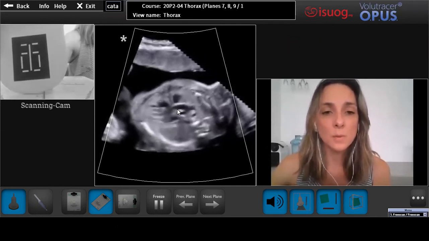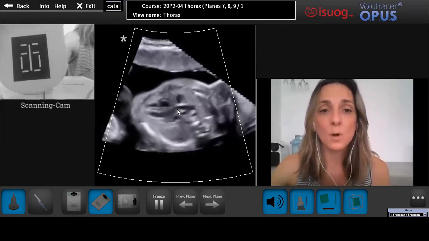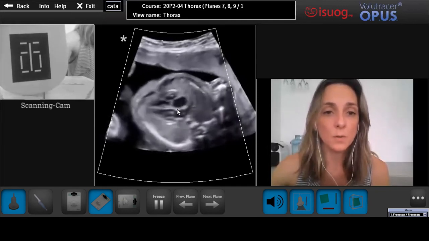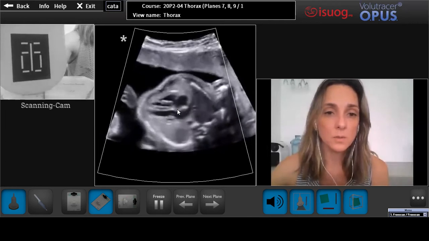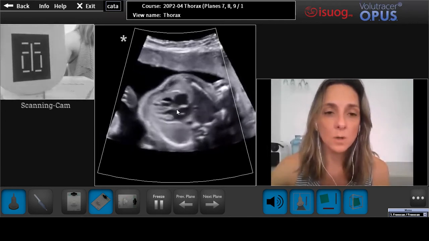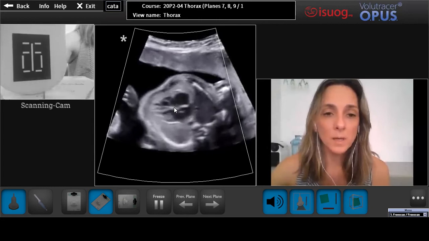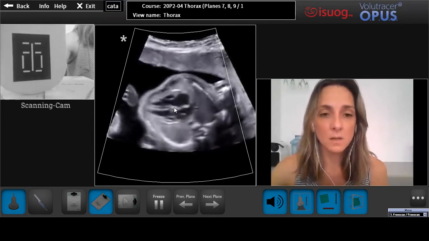And to move on to plane number 9, we have to go back to the 4-chamber view of the heart, rotating back. So now that we are back here, we go to plane 9, which is the right ventricular outflow tract.